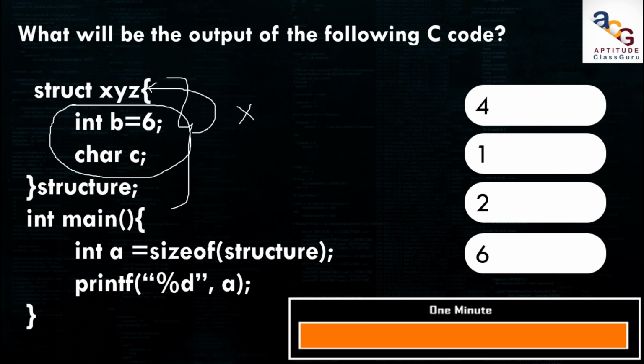The size of the structure is not always equal to the sum of the individual sizes of the data types it consists of. So I am suggesting you go through the structure padding, you will get clarity about this concept. If I start explaining this concept, it will take 10 to 15 minutes. We don't have that much time to explain in-depth concepts. Just go through structure padding in online sources, you will easily get the concept within 10 minutes.